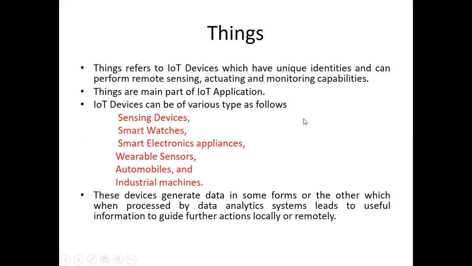Now, things refer to IoT devices having a unique identity and performing remote sensing, actuating, and monitoring operations. Things are the main part of any IoT application. Without things, IoT has no meaning. IoT devices can be of different types. These can be sensing devices, meaning sensors, smart watches, smart electronic appliances, wearable sensors, automobiles, or any industrial machines. All these can be included under things.